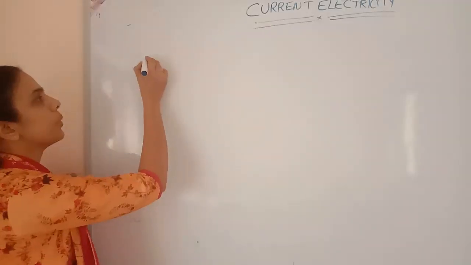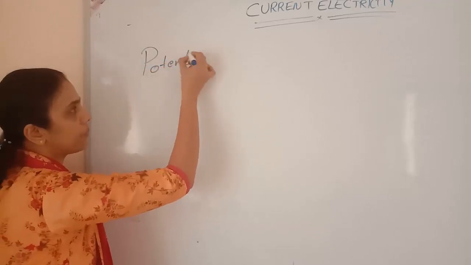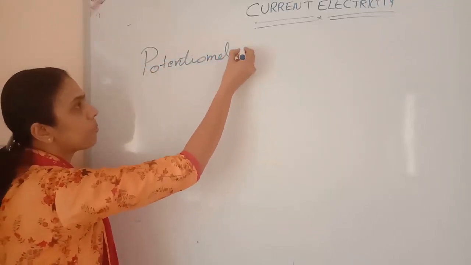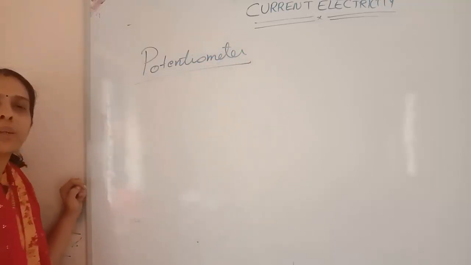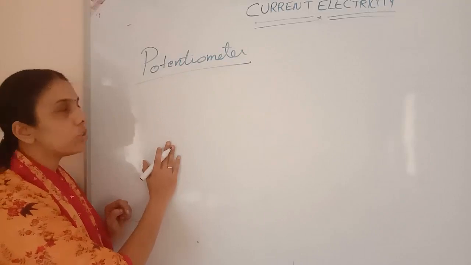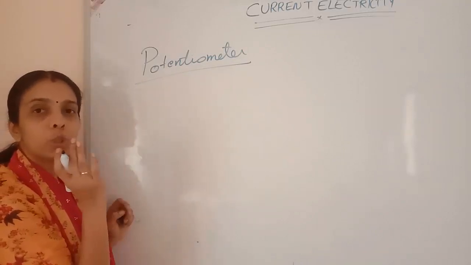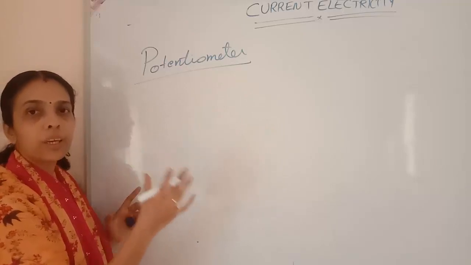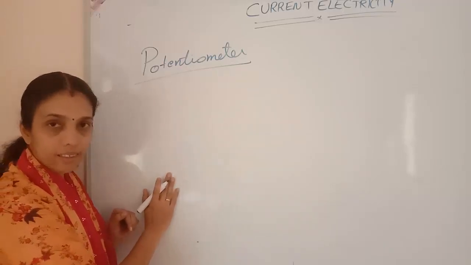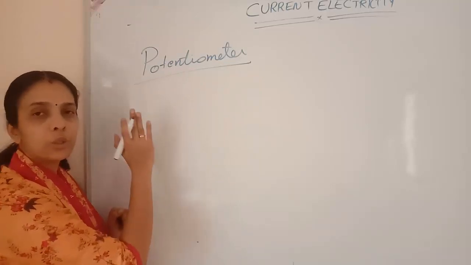Okay, so next we are going to study about potentiometer. So what is this potentiometer? Potentiometer is an instrument used to find out the potential difference between the 2 points when it is connected in a circuit.